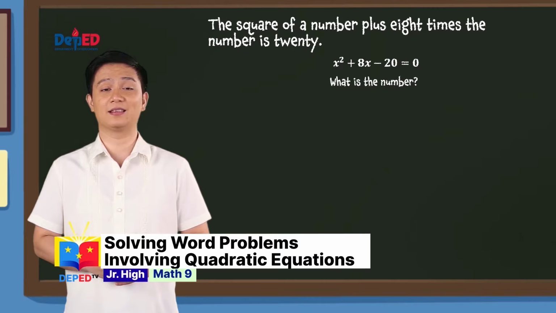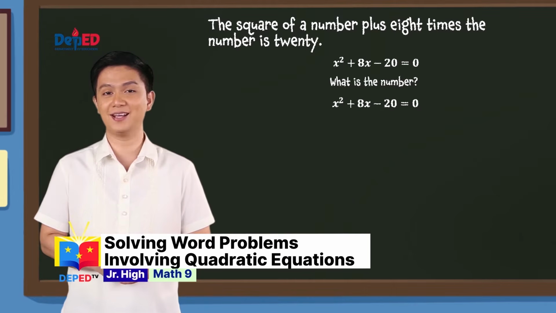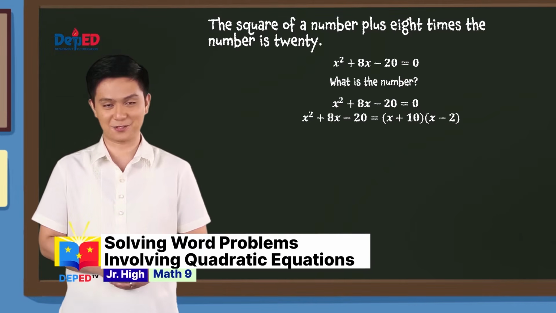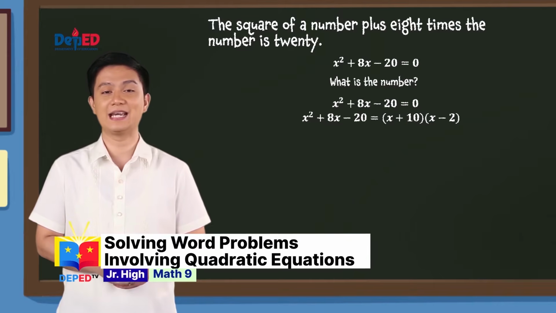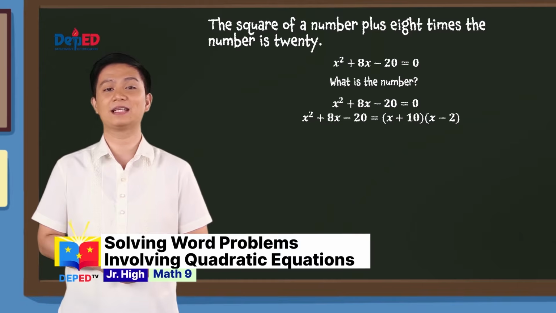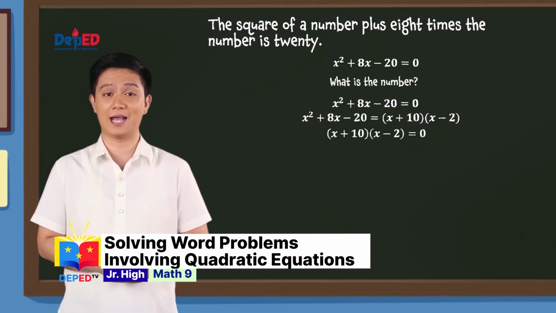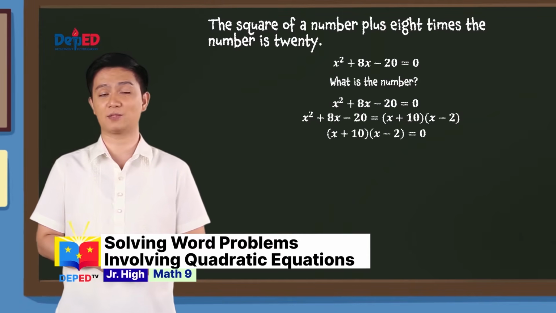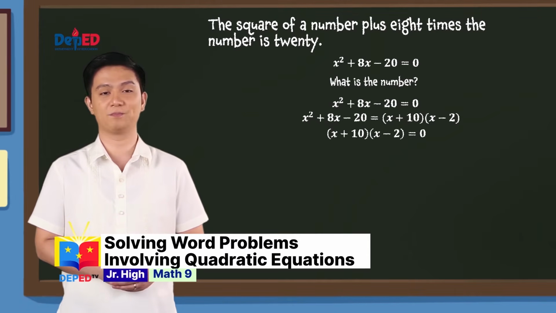And it so happens that this equation can also be solved by factoring. X squared plus 8x minus 20 is equal to the product of the binomials x plus 10 and x minus 2. Hence, we have the equation x plus 10 times the binomial x minus 2 equals 0.